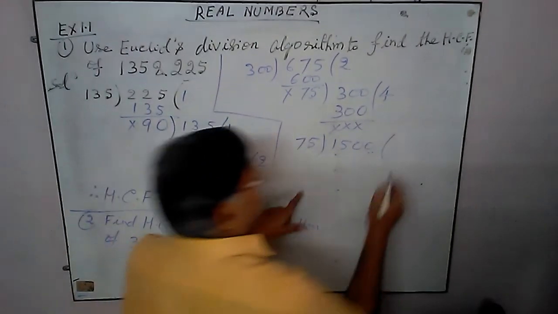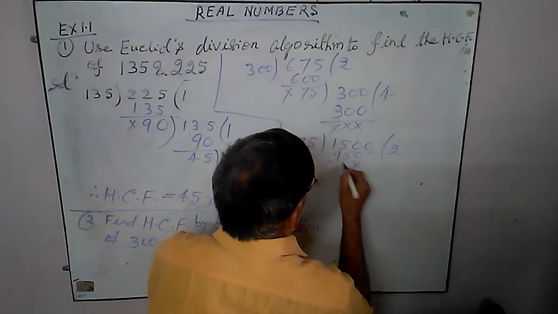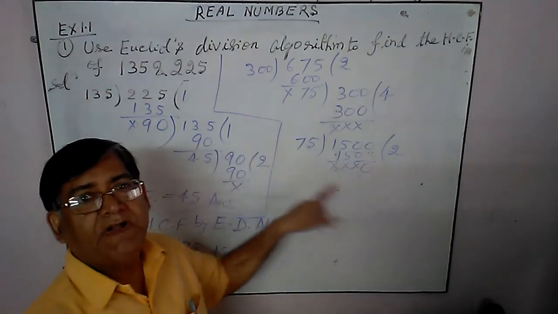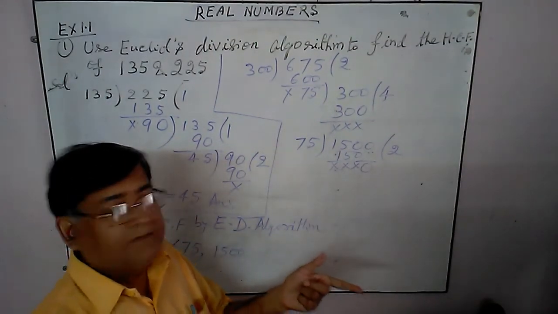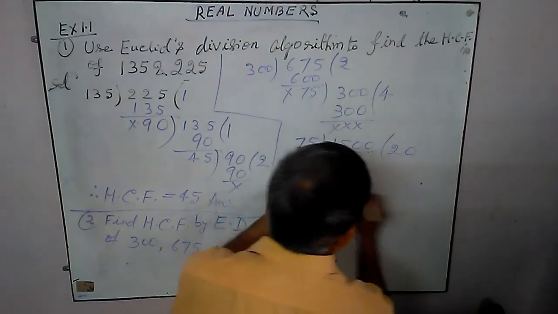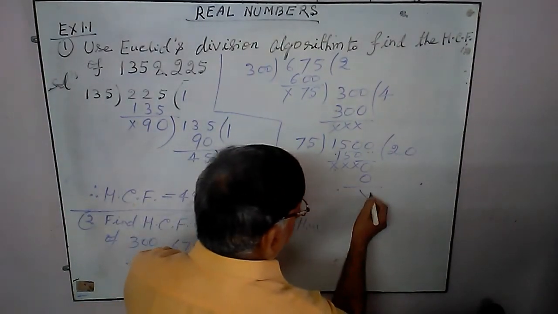It will go 20 times, 75 times 20 is 1500. Here the remainder is 0.